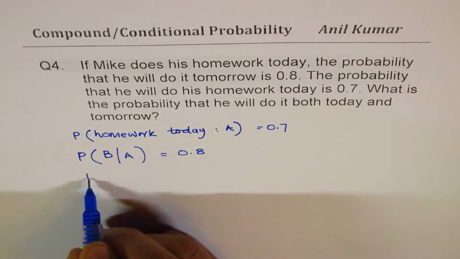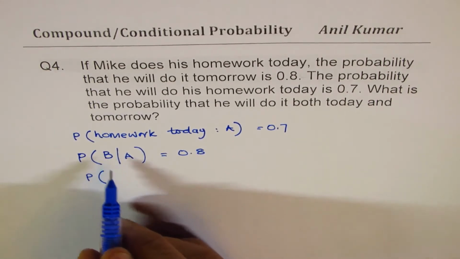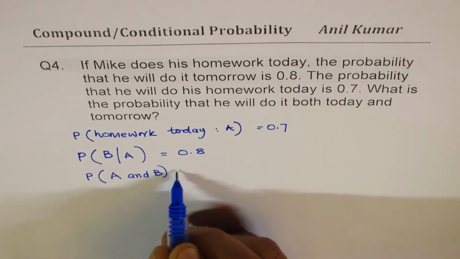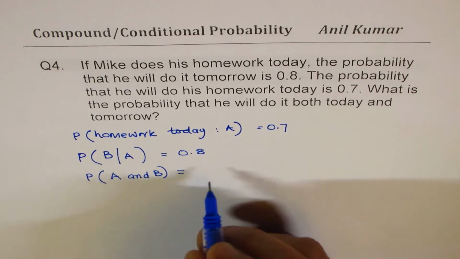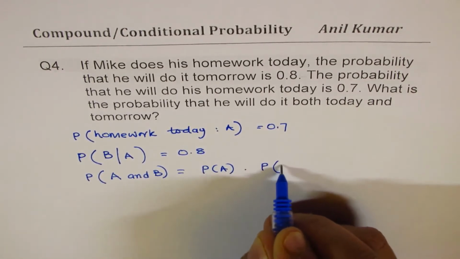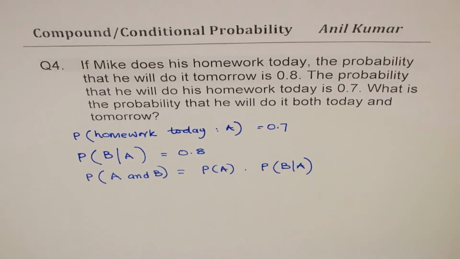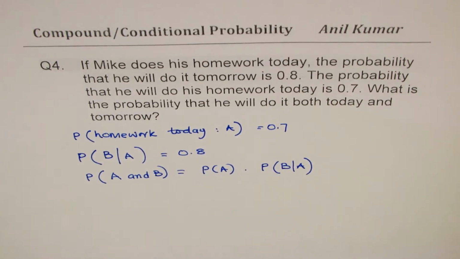What we really need to figure out is the probability of both A and B. So the probability of both A and B is the probability of A times the conditional probability of B, right? So that is how we can find this particular answer.